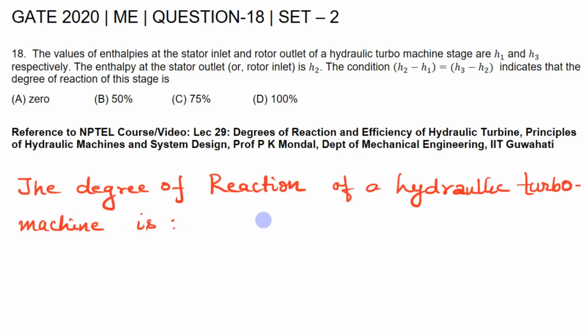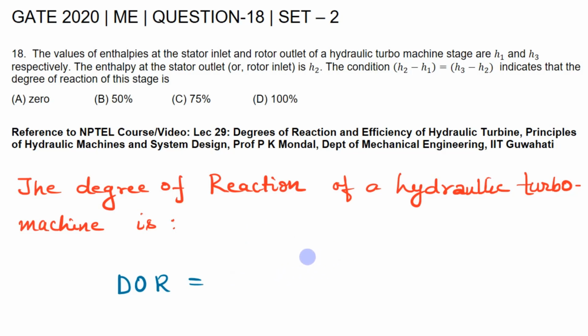So the degree of reaction of hydraulic turbo machine can be defined as, let's say DOR, is equal to enthalpy drop in the rotor divided by the enthalpy drop in rotor plus enthalpy drop in stator.